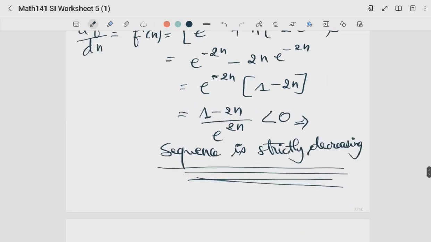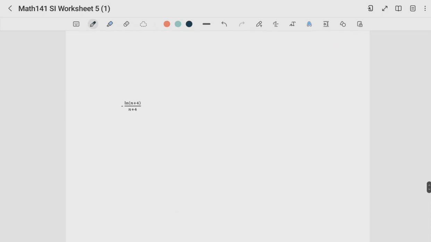Now, moving on to the next question, which is ln of n plus 4 over n plus 4. And we are asked to investigate again if this sequence is strictly increasing or decreasing using differentiation. So once again, let this be equal to f of n.